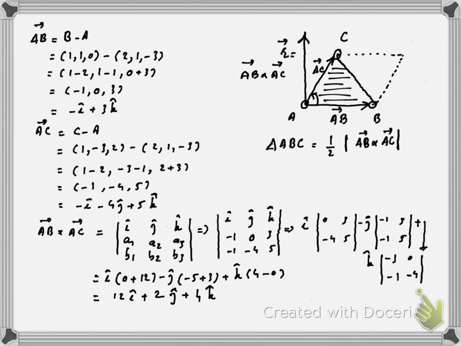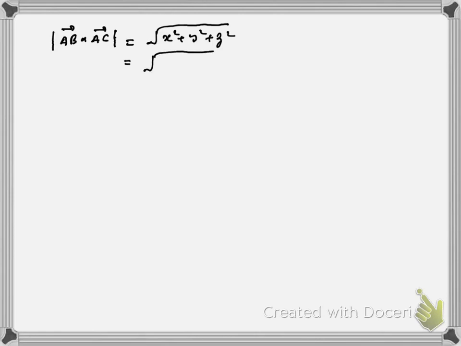Now we find magnitude of this vector by using magnitude formula. Magnitude of AB cross AC is equal to square root of x square plus y square plus z square, square root of 12 square plus 2 square plus 4 square.